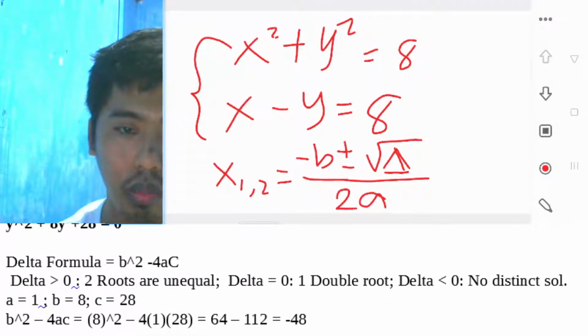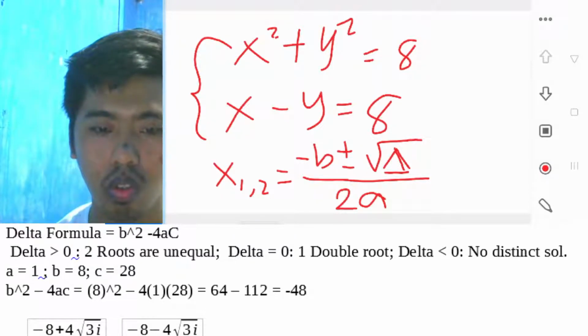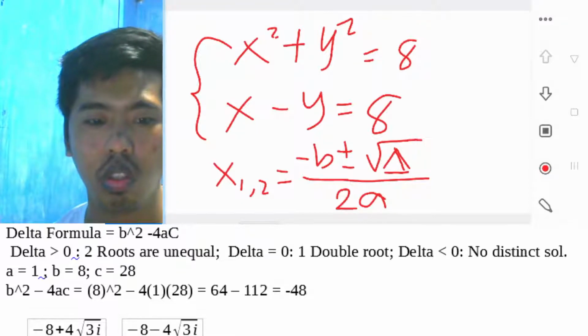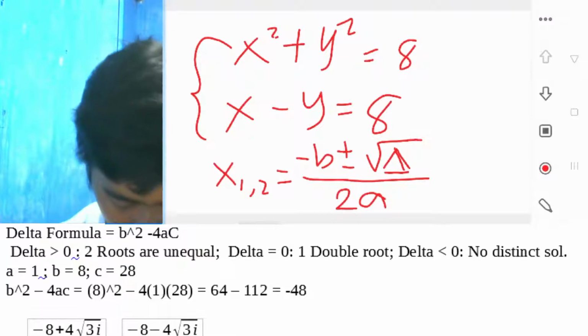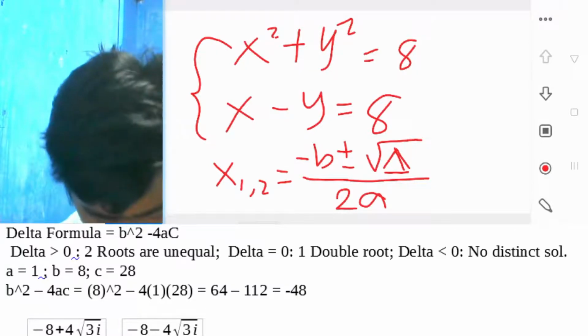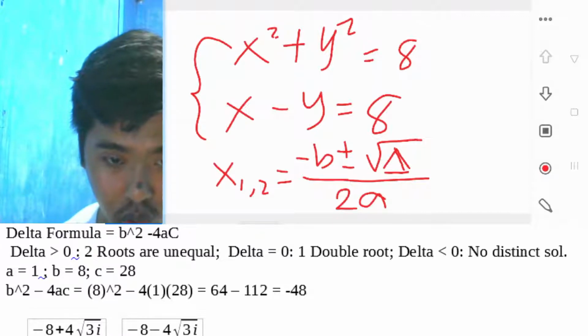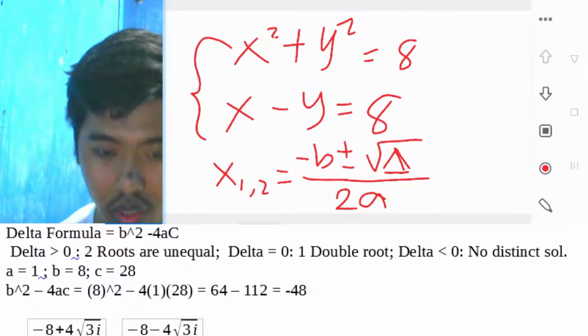It will become like this. Then from 4 plus 2 square root 3i.